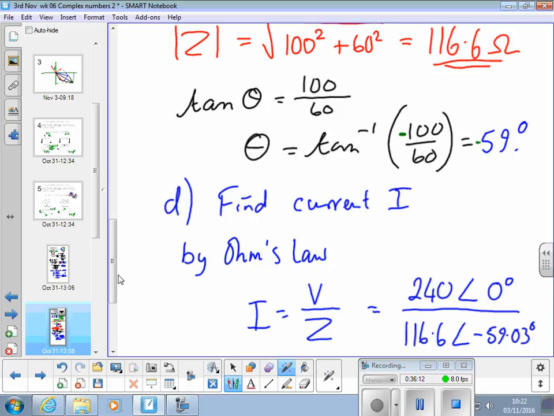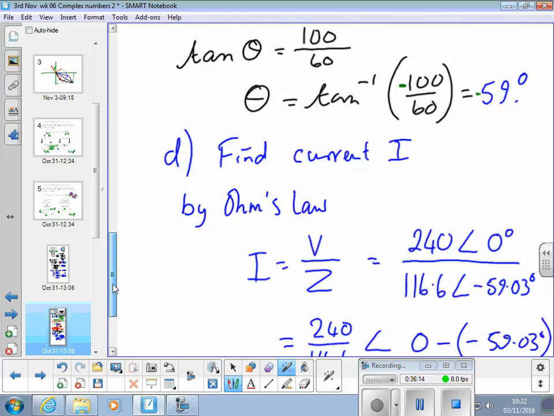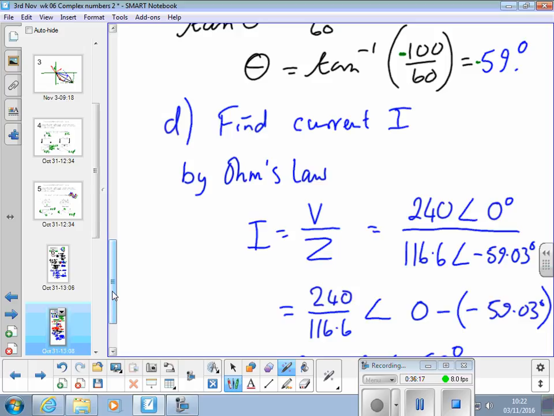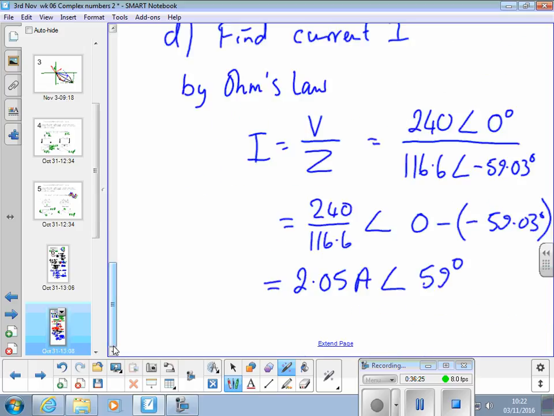And the last thing, to find the current, we use Ohm's law with the full complex values of voltage and impedance to find the current flowing in the circuit and its phase angle relative to voltage. So the maths is about using complex numbers, but we're also trying to put it in an engineering context.